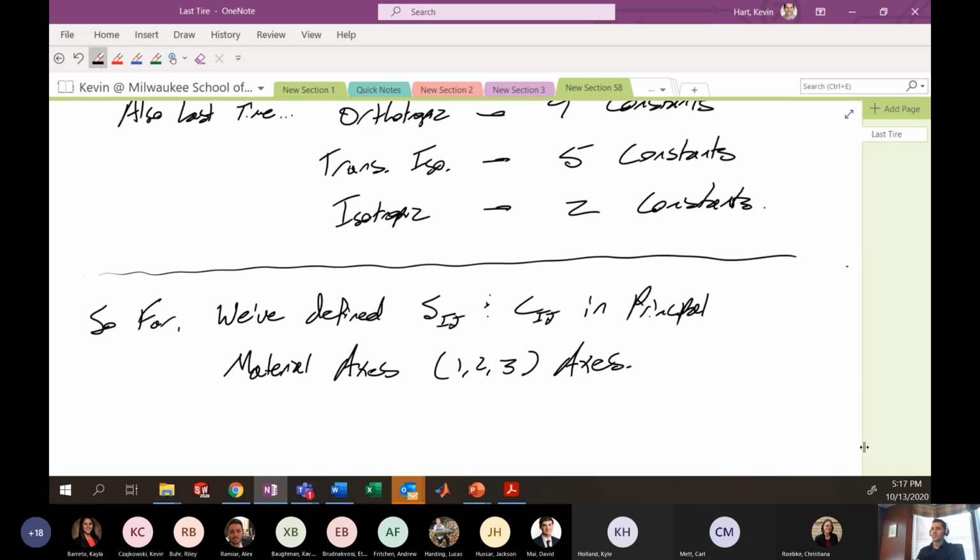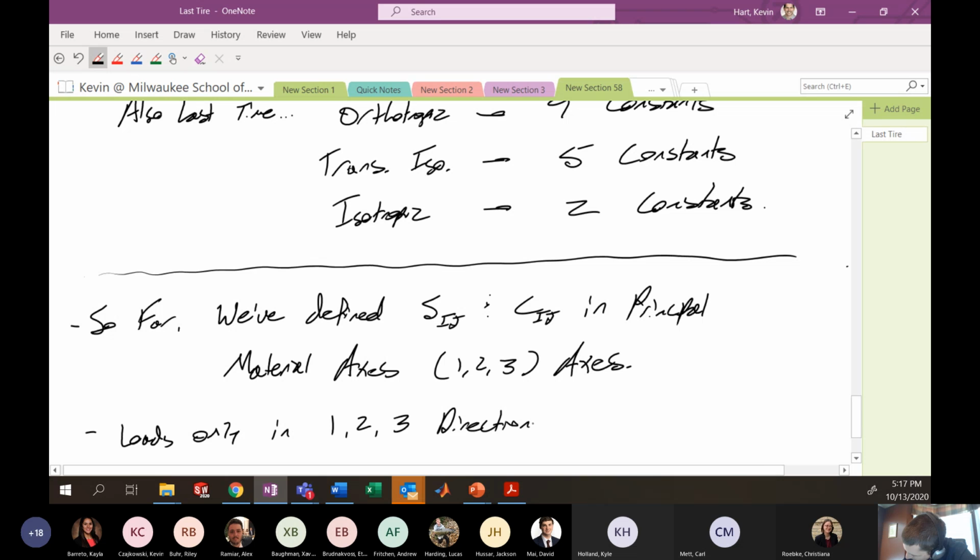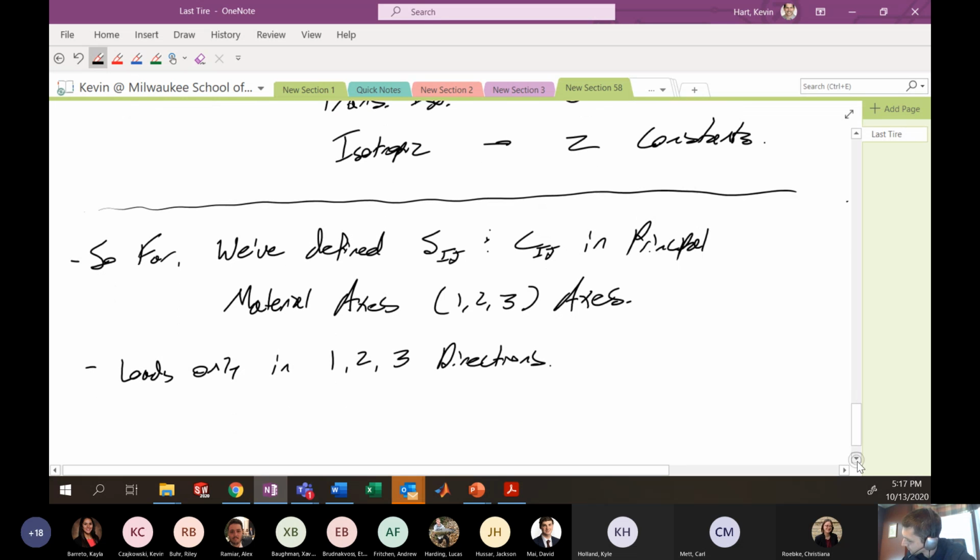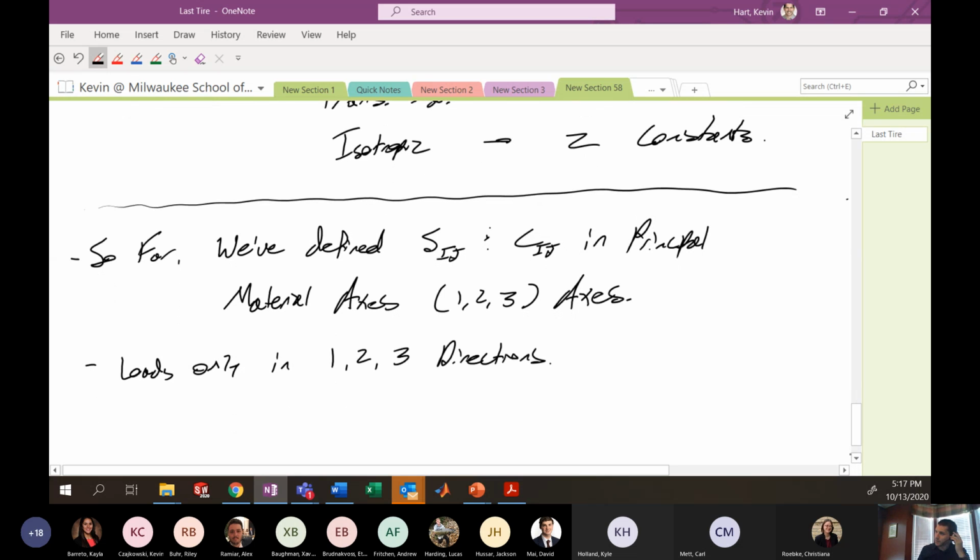And we've only assumed that load would be in the 1, 2, or 3 direction. But we know in general that the loads applied to a composite material or an orthotropic material are not always going to be aligned with the one direction, the two direction, the three direction.